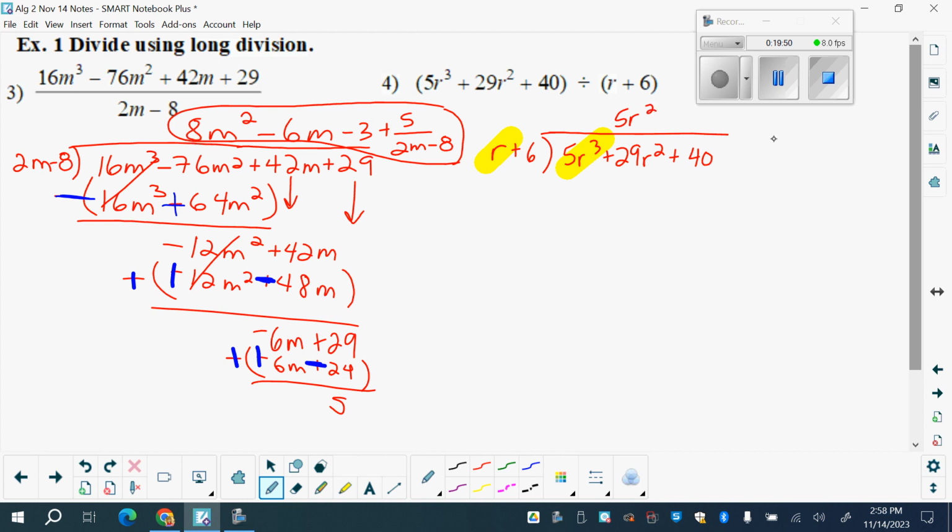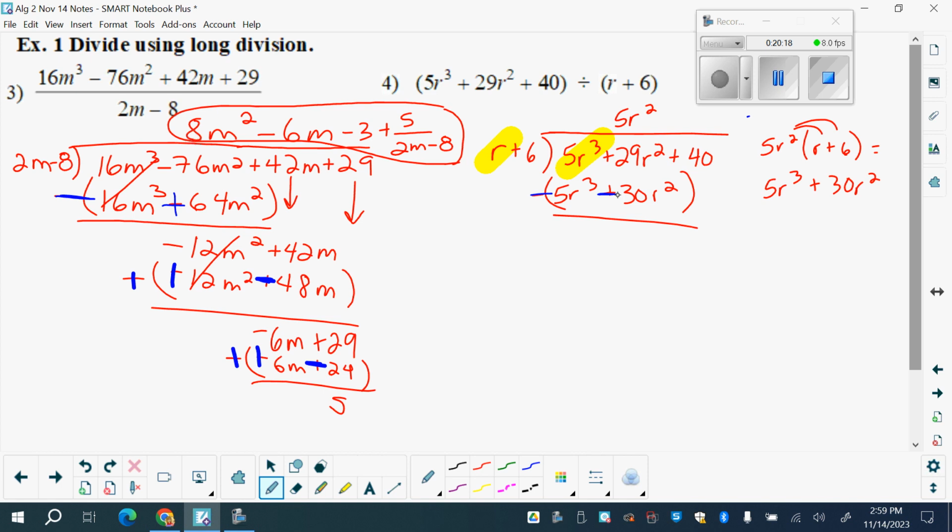So on the side, 5r squared times r plus 6, 5r to the third plus 30r squared. So we are going to subtract those, distribute the negative, negative here.